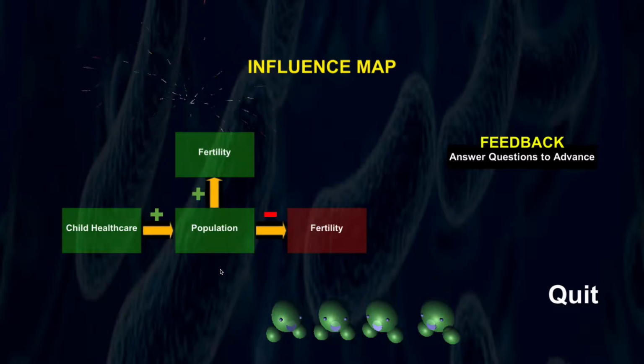Now we have a choice. If the fertility doesn't go down, if it stays the same or increases, then the population explodes. On the other hand, if the fertility somehow adjusts to the population or adjusts to the child health care, then we can lower the fertility.